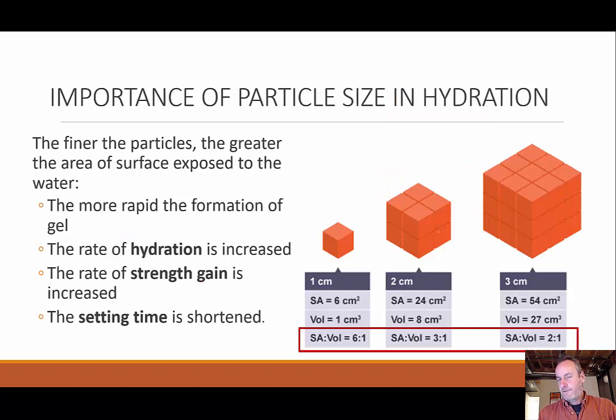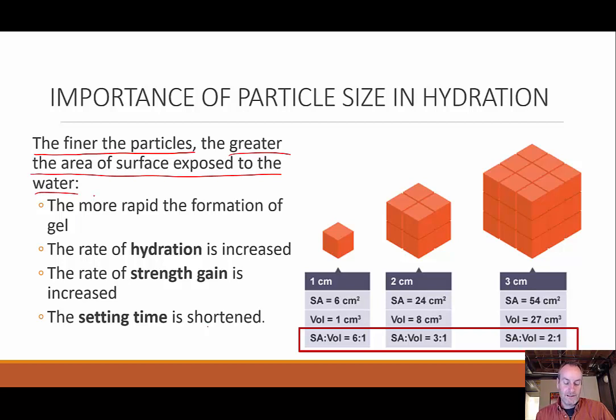One of the factors that contributes to this is the size of our particles. If we have finer particles, then we have a greater surface area that is exposed to the water.